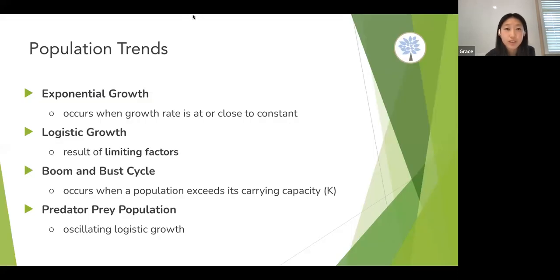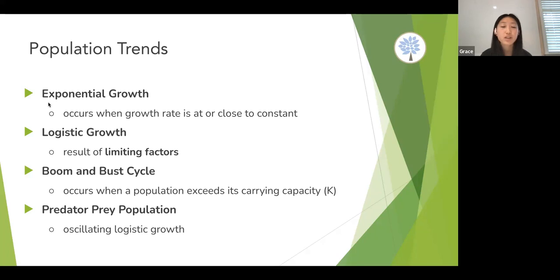So there are a few population trends in ecology, and four of the basic ones are exponential growth, logistic growth, the boom and bust cycle, and predator and prey populations, which is less of a trend, just more of a pattern. Exponential growth is when the graph goes up and begins to increase faster and faster.